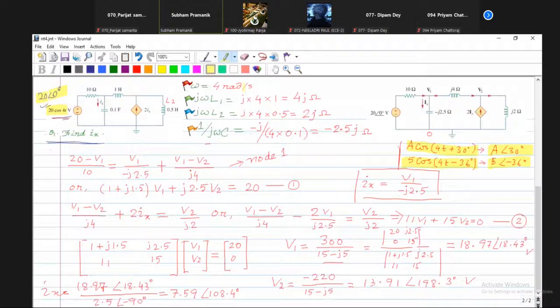If you remember, for inductance the impedance is j omega L. There are two inductances, L1 and L2. Corresponding impedances are j omega L1, j omega L2. So omega is 4. Use their values. One is 1 Henry, another is 0.5 Henry. Accordingly, we got the impedances.